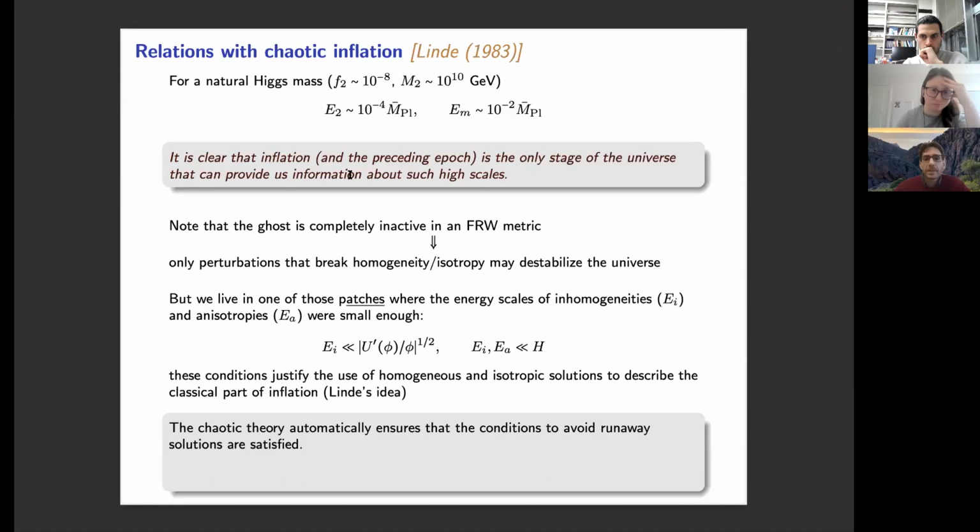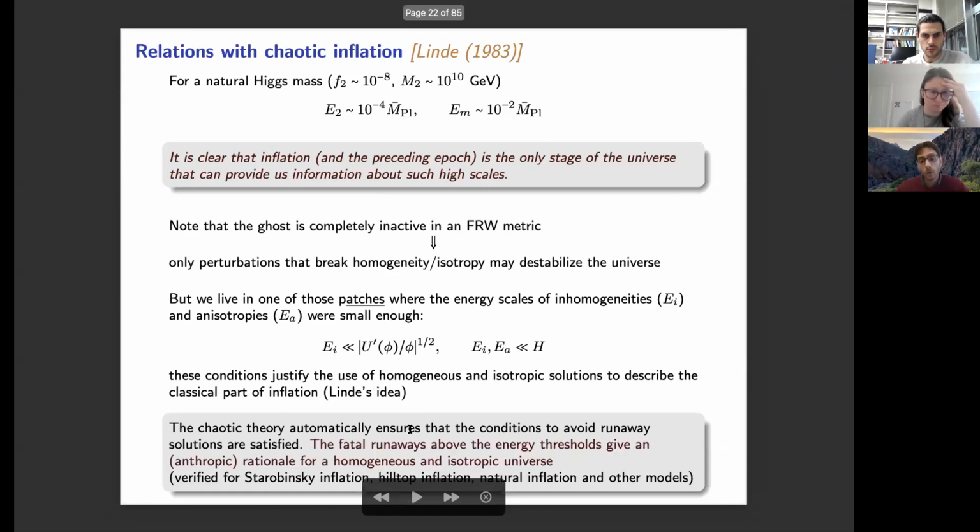But basically what happens, at least for F2 of this order of magnitude, so really close to the critical value for Higgs naturalness, is that these inequalities imply also that the conditions to avoid runaways that I've shown you in the previous slide are satisfied. And also the other way around.